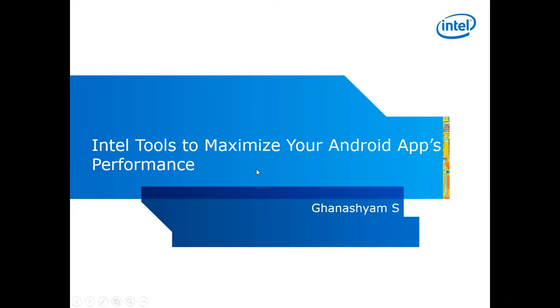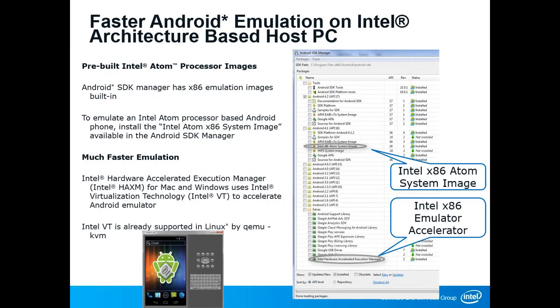What this particular tool does is, if your system is an Intel-based PC which supports VT, the virtualization technology, you can install this tool and it makes your Android image or the Android emulator faster. You can install this tool by downloading from the Intel website, or you can install it from the Android SDK manager.